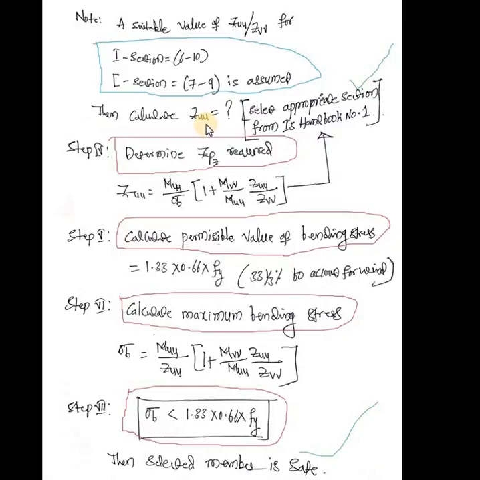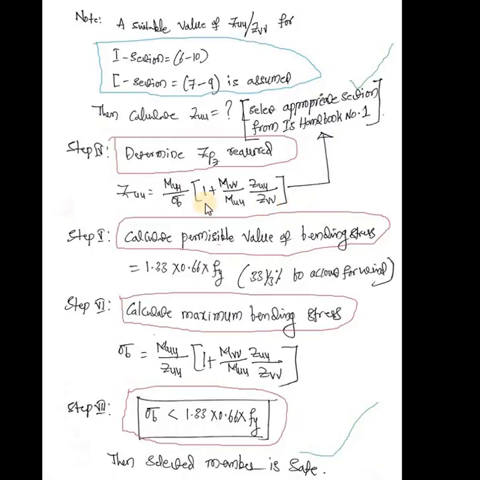After calculating ZUU, with the help of this ZUU from Handbook number 1, that means the steel table, we can select a required section. After selecting the required section, you can write all the required details, that is, ZUU is how much and ZVV is how much.